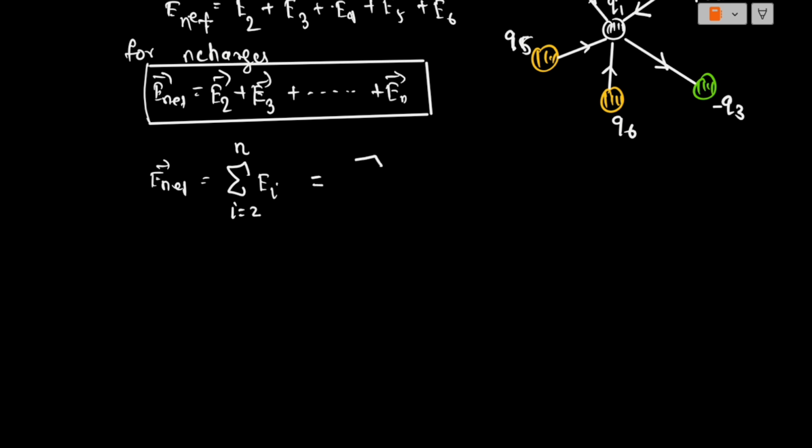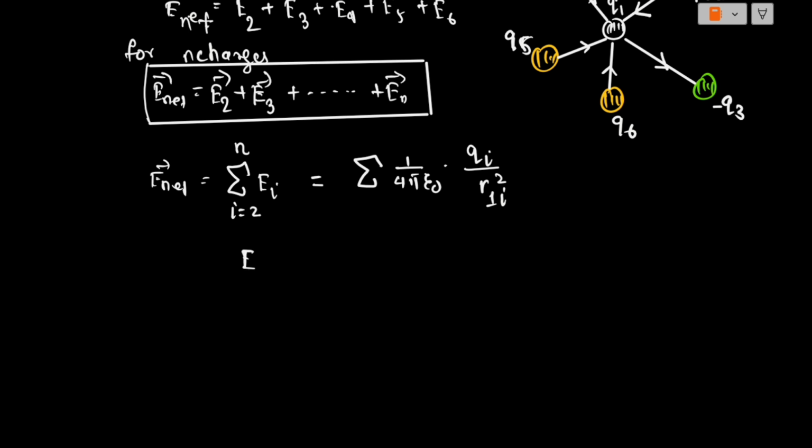Now this can also be written in the form of its formula. Basically the electric field formula is 1 over 4 pi epsilon naught qi over r square. Now r depends on the distance between them, so r1i, and the distance is written as r1i square, right?